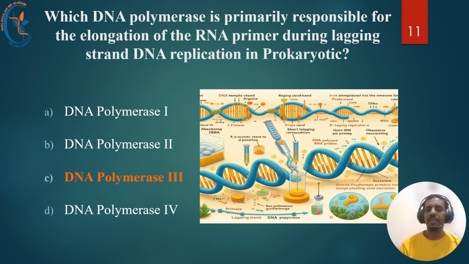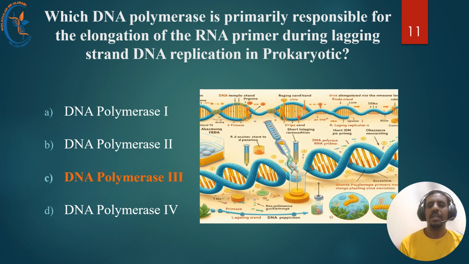Then ligase seals the nick between adjacent Okazaki fragments, completing the process. So the correct answer, as I said, is DNA polymerase III, as it is the primary enzyme responsible for adding nucleotides to the growing lagging strand.